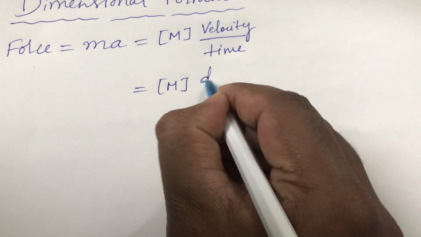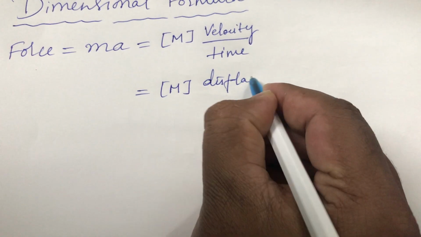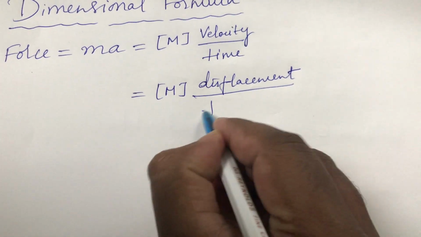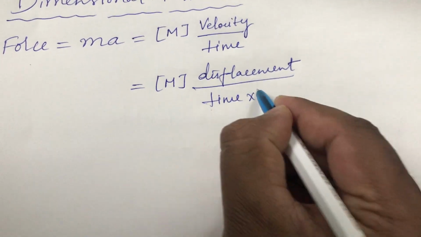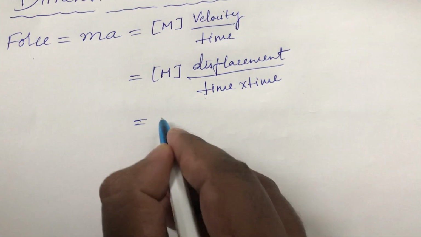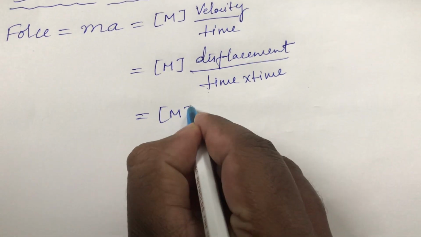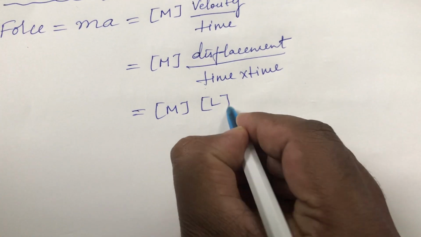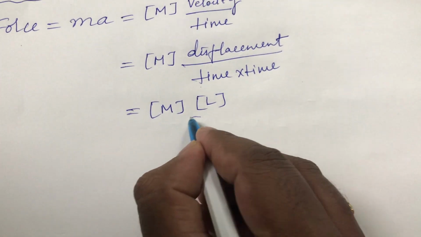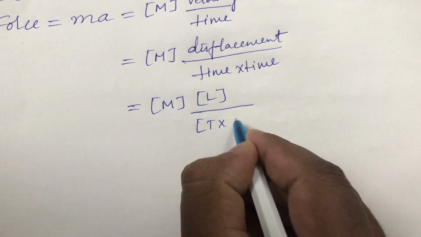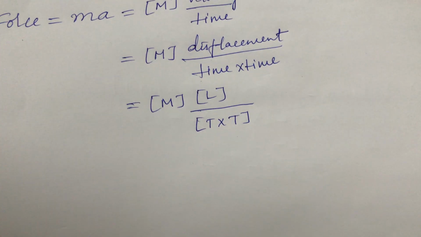Velocity can be written as displacement by time into time, correct? So now I'll write m, and displacement we can measure with the help of length, correct? And time can be measured as t into t, right?